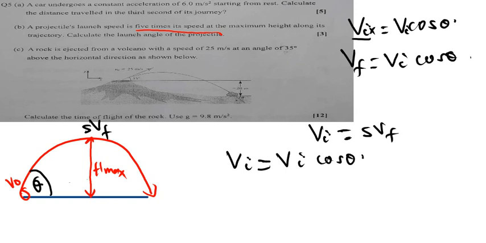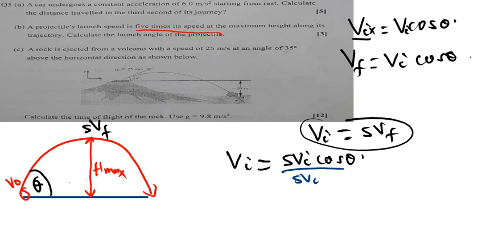But it is the same as the final velocity. Now we have equated this, but at that point they are the same, so I can replace this with 5v initial. So what I'm going to do now, I'm going to divide both sides by 5v initial.